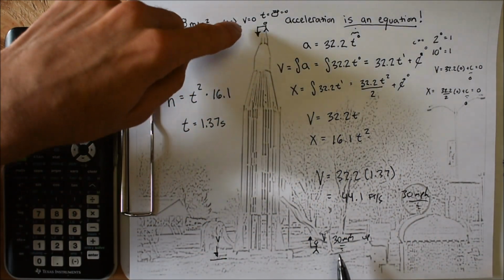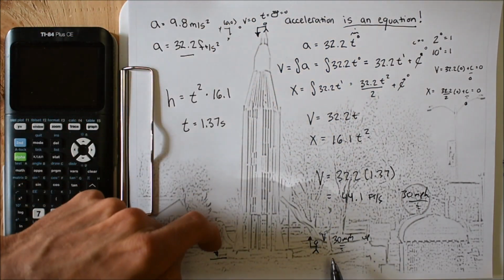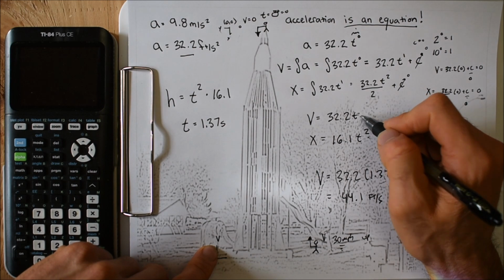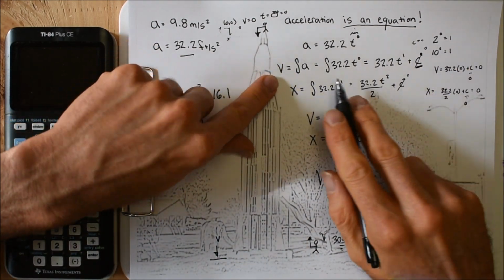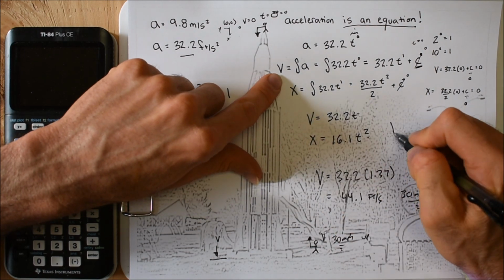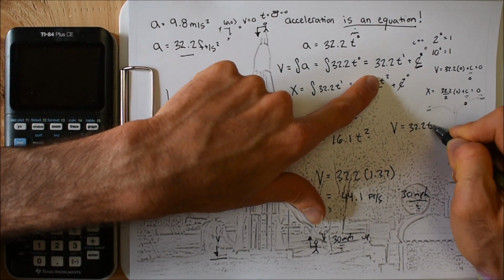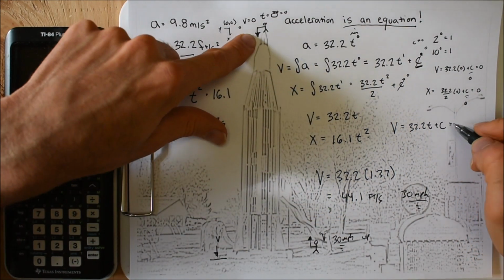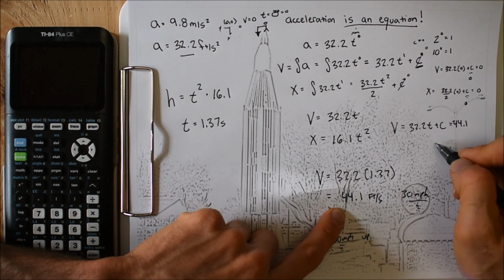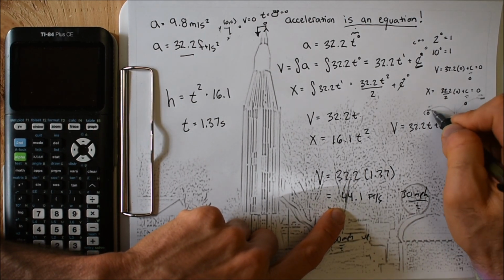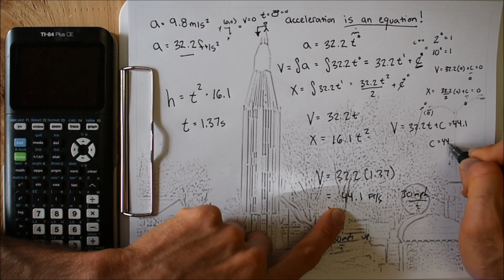But if I threw the ball right up there 30 miles an hour down, this isn't our velocity equation, because we had this c. Now our velocity up here is equal to 32.2 t plus c, and we're saying that's going to be 44.1 feet per second. With t equal to 0, our c has got to be 44.1.